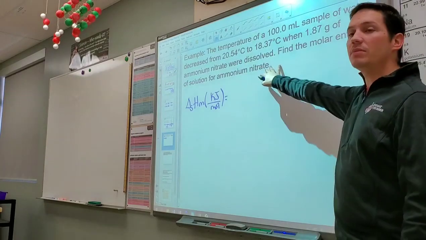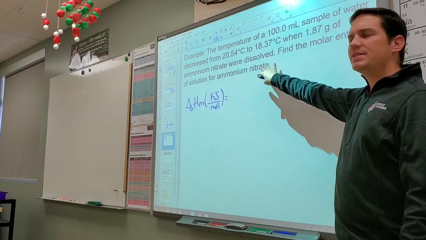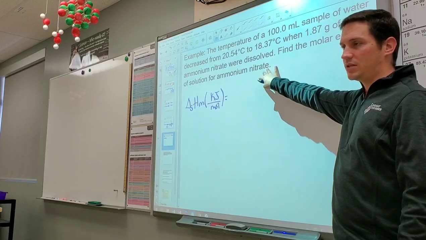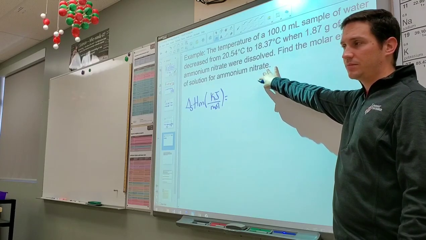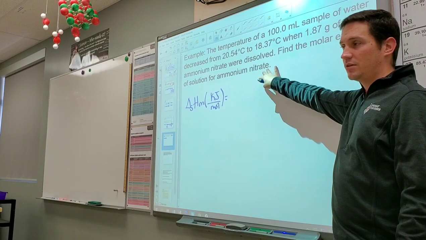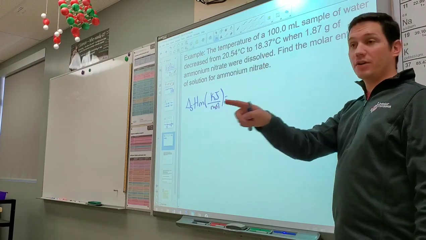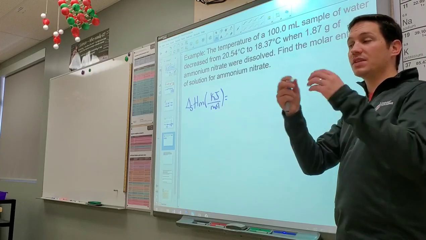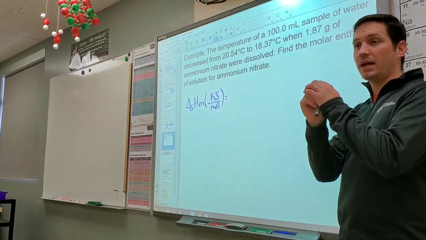Because the ammonium nitrate, is it absorbing energy or releasing energy? It's releasing. Oh, yeah, because the water's getting colder. And in order for the water to get colder, something inside the water had to absorb that energy.